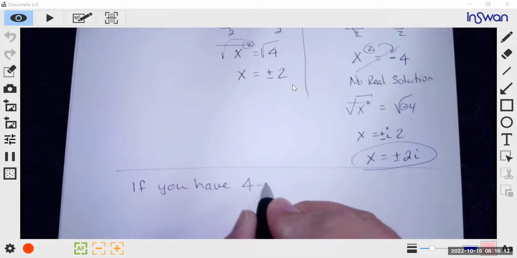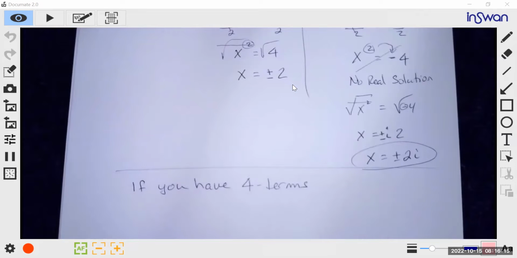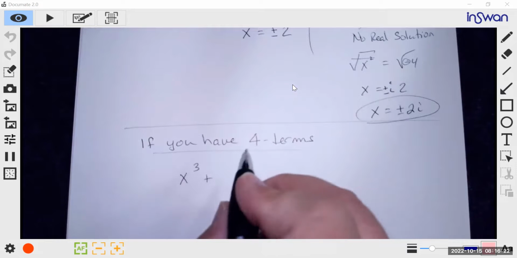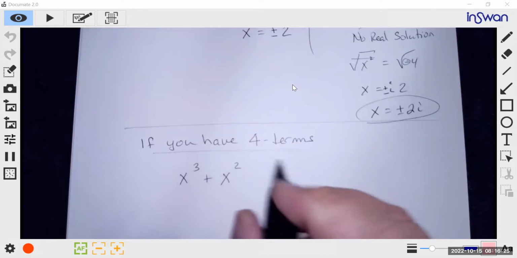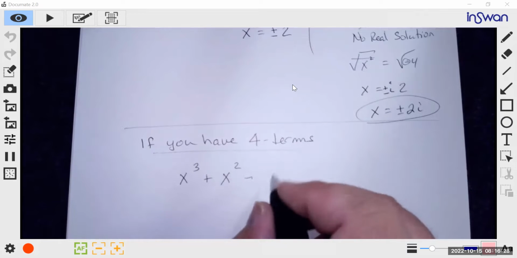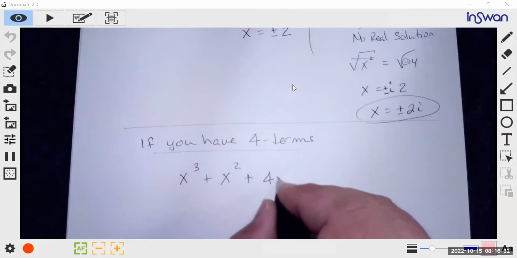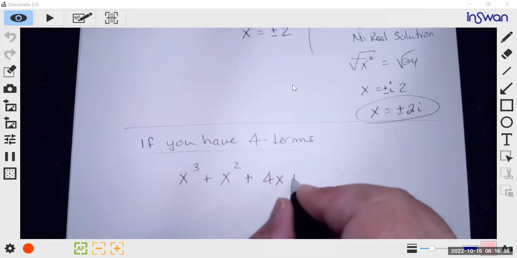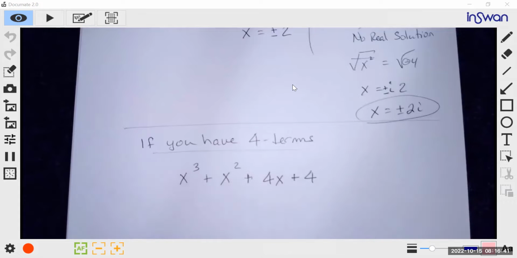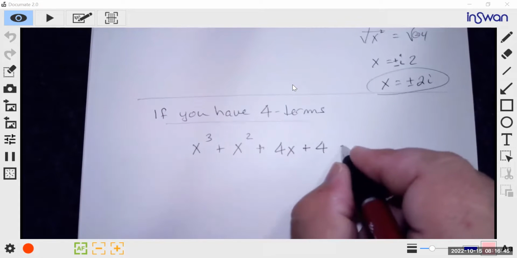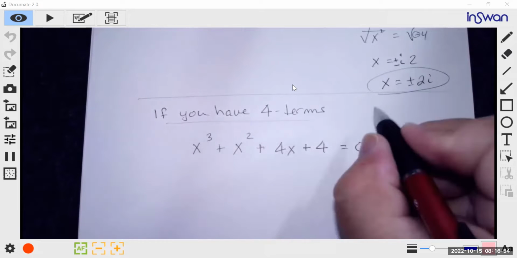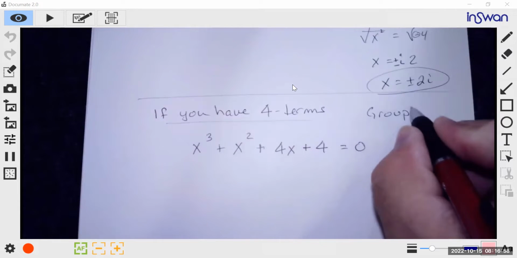If you have 4 terms, at this stage of the game, there's only one method we can use: grouping.